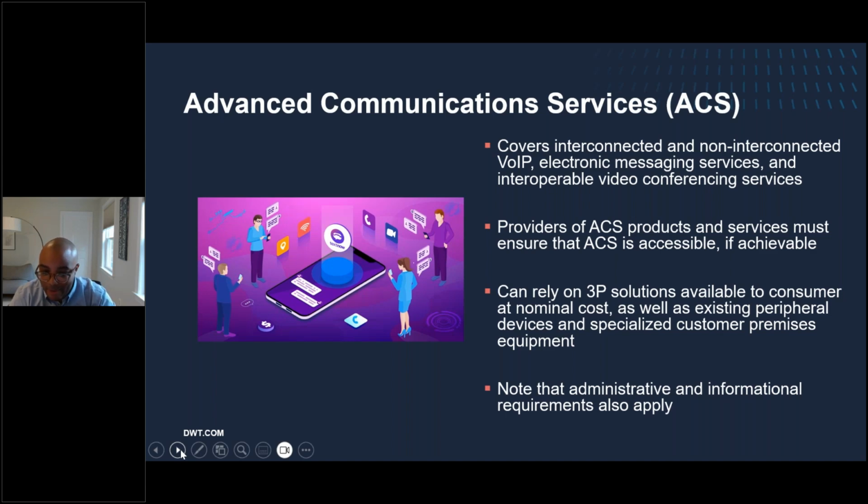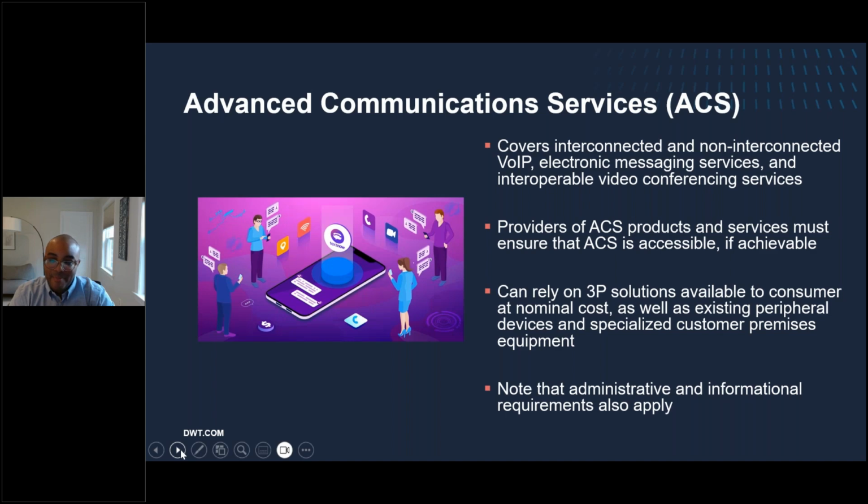One thing that is helpful, however, separate and apart from that overarching exception, is that covered entities can actually rely on third-party solutions, so long as they're made available to the consumer at either no or very low cost, and you can use existing peripheral devices and other equipment, like, say, screen reader technology, to achieve access.